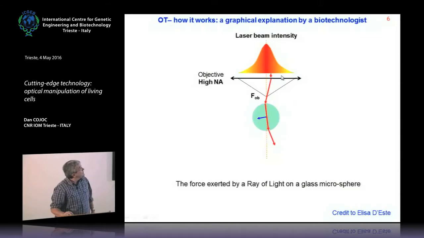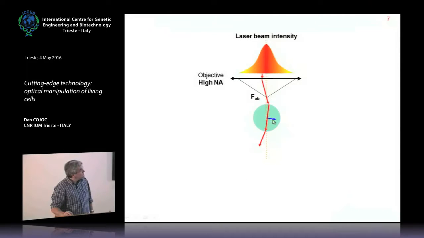Okay? So if we consider rays coming near the optical axis and interacting with the bead, we see the force having this direction. So it has an axial component pushing the bead away from the focus, and an orthogonal force direction which tries to move the bead away.